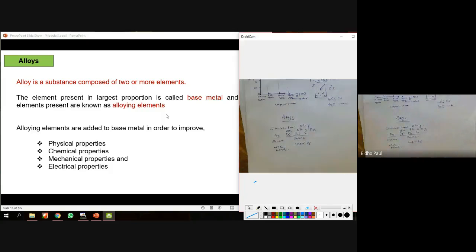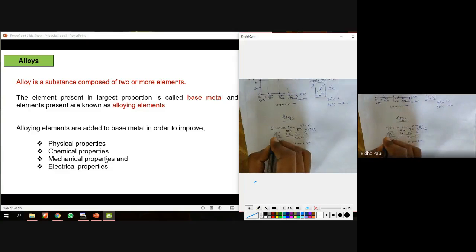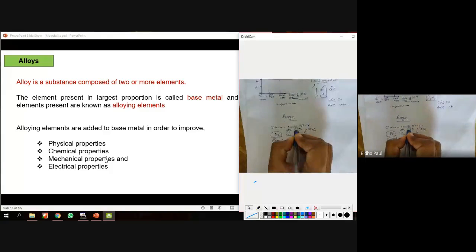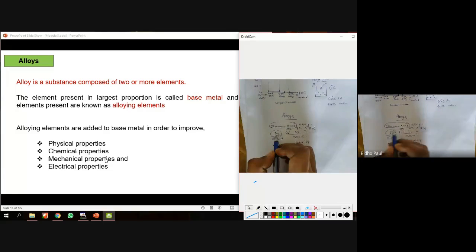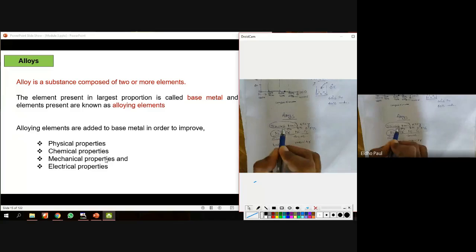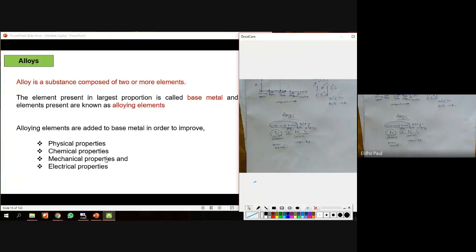By this addition, physical property, chemical property, mechanical property, electrical property can be improved. So when we compare the properties of pure iron and the alloy stainless steel, we can say the mechanical, physical, chemical, electrical properties of the stainless steel will be higher than that of pure iron.